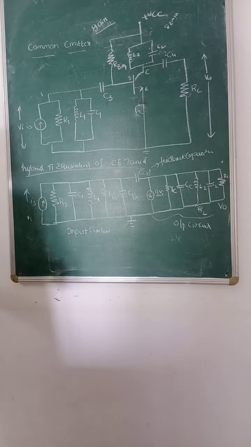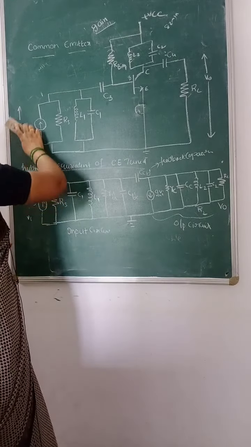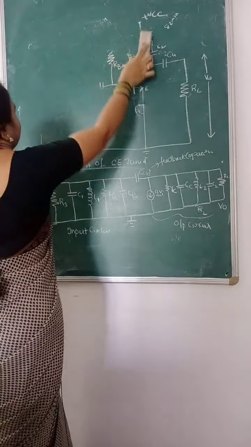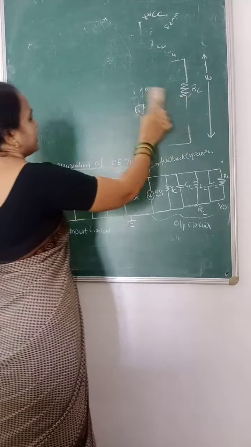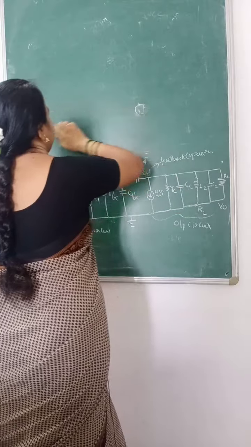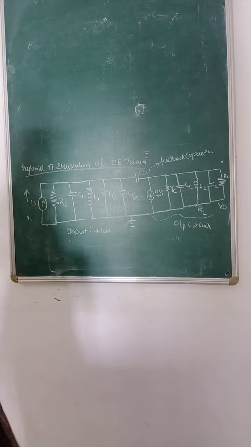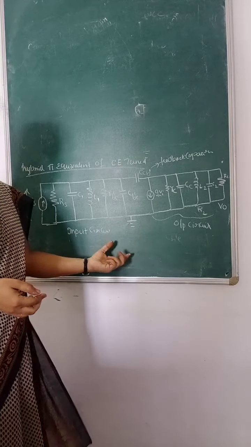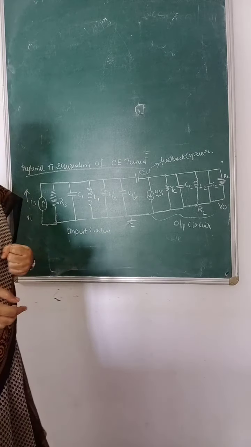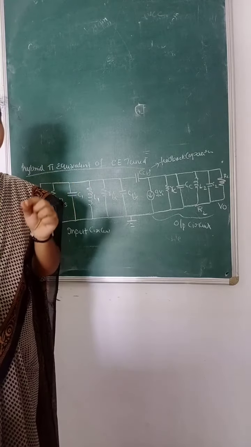Simply representing the circuit in terms of admittance is called node analysis. Admittance is nothing but the conductance. Conductance is the inverse of the resistance. So let us indicate this hybrid equivalent circuit with a node analysis in order to calculate the voltage gain.